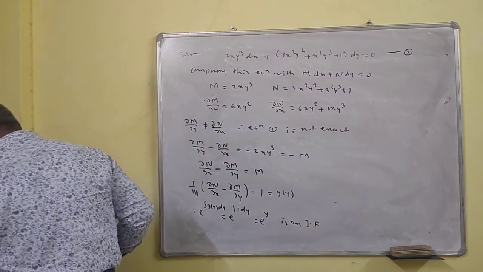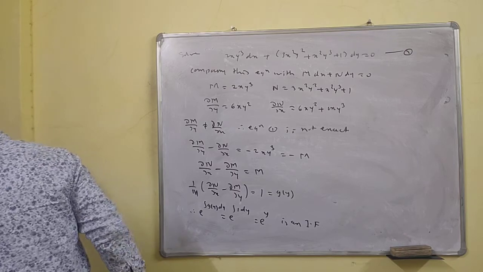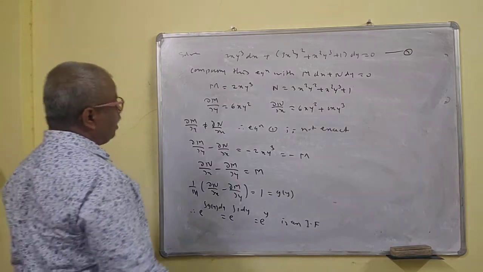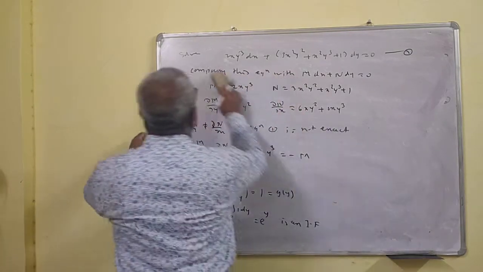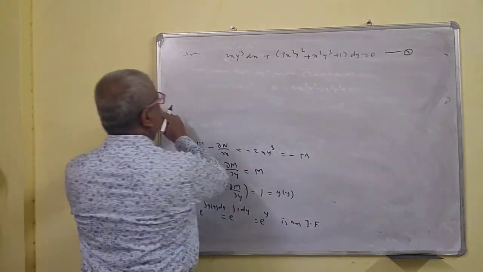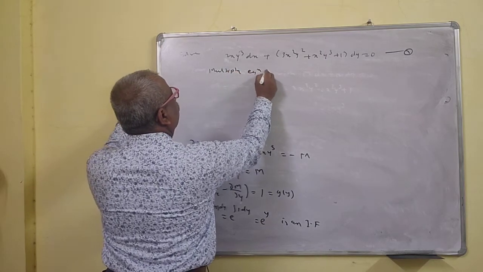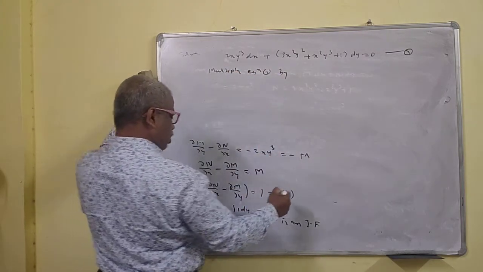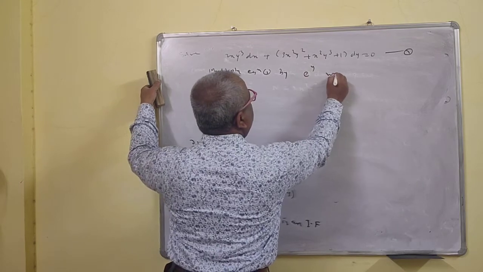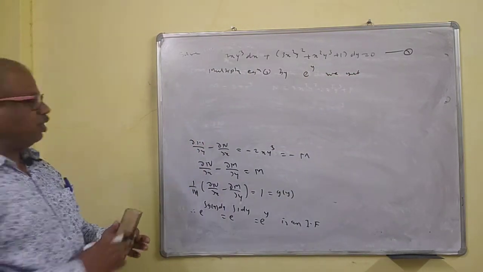Is an integrating factor. Okay. So multiply equation 1 by e raised to y. Once we get the integrating factor, multiply to equation 1.